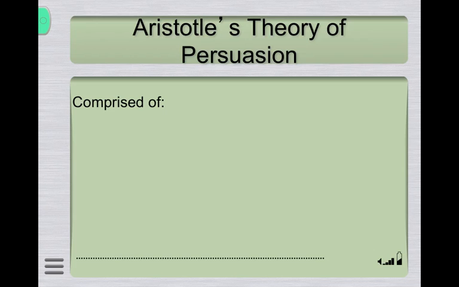So his theory said that there were 3 areas. The first was logos. So persuasion had to have a logos component. And that component involved the evidence and the reasoning. And what reasoning is just how you connect pieces of evidence in a way that will lead your audience to the conclusion you want them to accept.